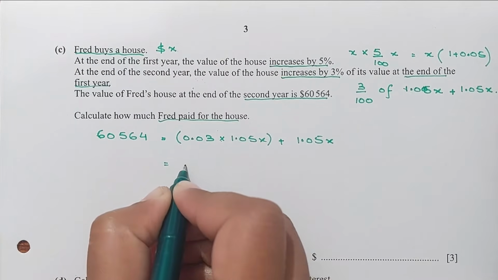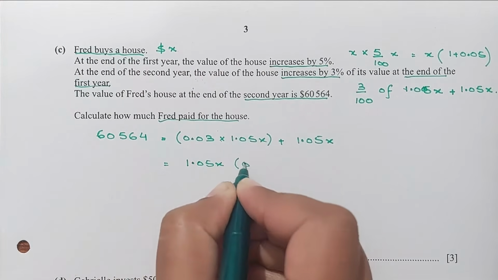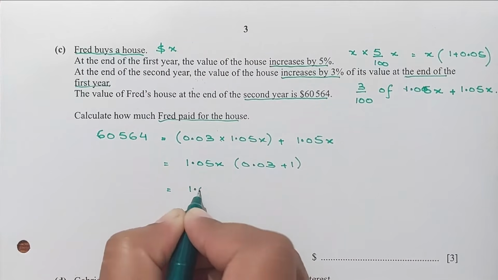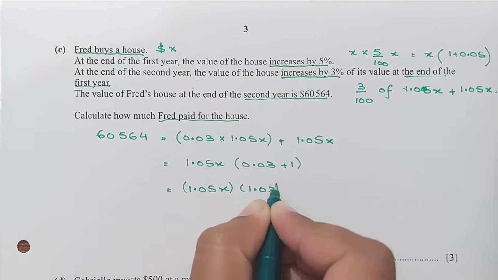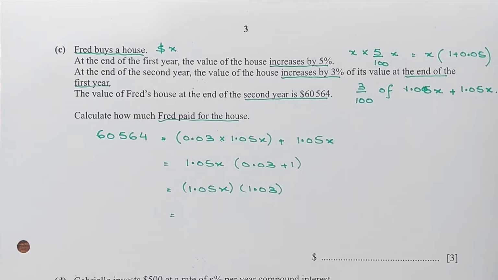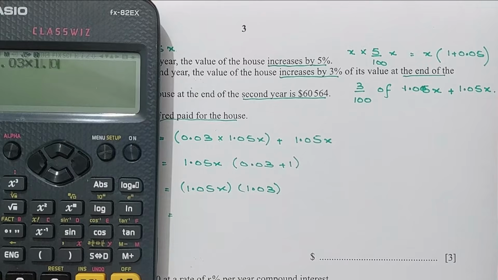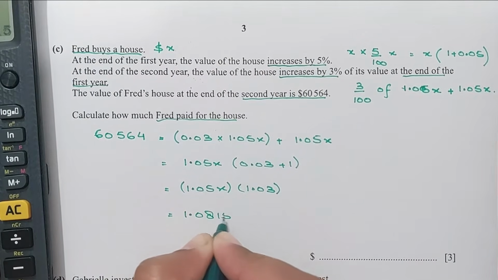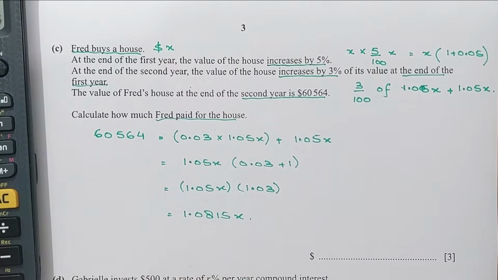If I take 1.05x as common, we are left with 0.03 plus 1, so this is 1.05x into 1.03, right? Further simplification, that would be 1.03 times 1.05, which is 1.0815x. We have to find how much he paid for the house. We have to find the x basically.